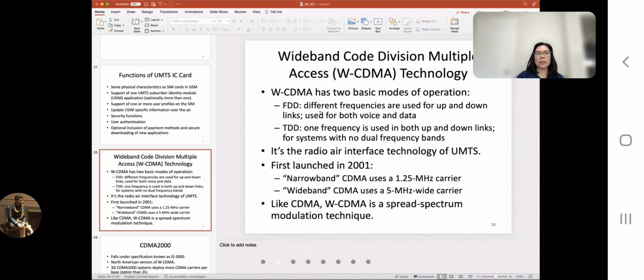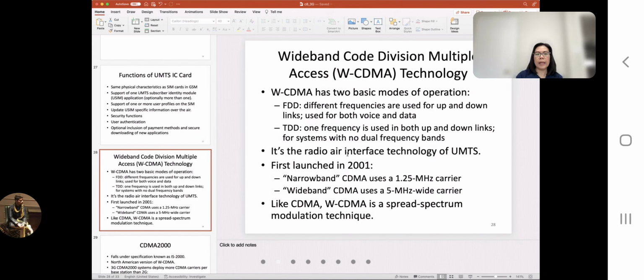And 3G uses both FDD and TDD, right? In FDD, we use two different frequencies for the uplink and downlink, and we use it for both voice and data. With TDD, only one frequency is used, and then the frequency is divided into time slots given to users in the uplink and downlink, right?